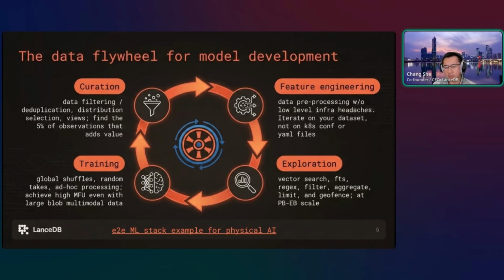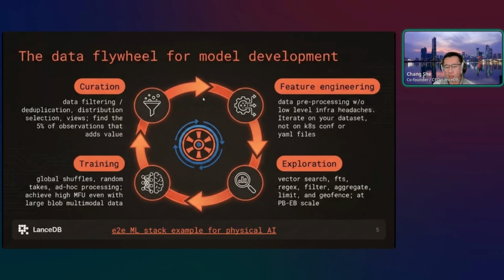All of that means you end up with really wide tables, and the big challenge here is that you need to do really large data pre-processing without low-level infrastructure headaches, right? You want to be iterating as a researcher, you want to be iterating on your data set, and not your Kubernetes configurations or YAML files.